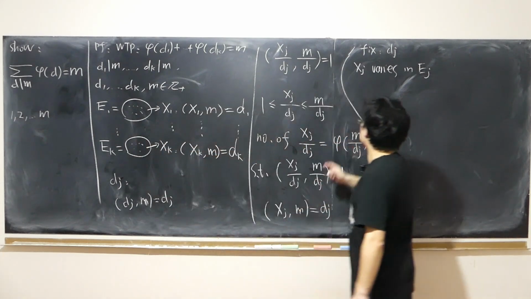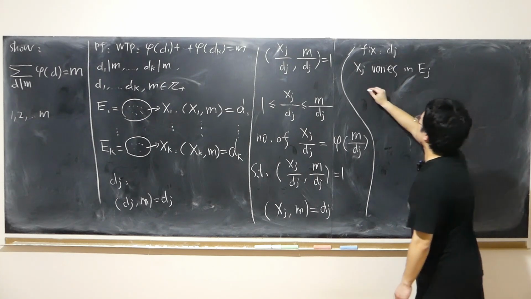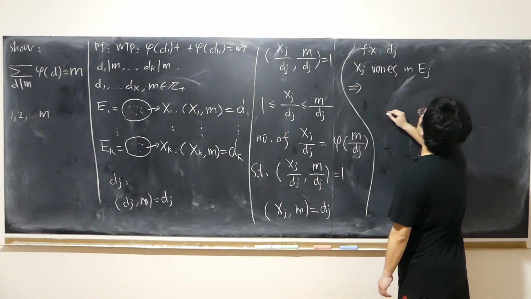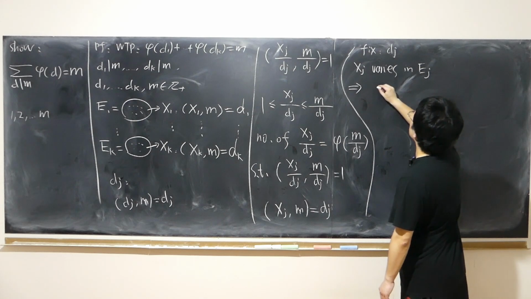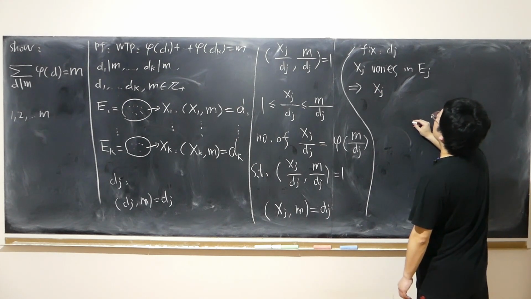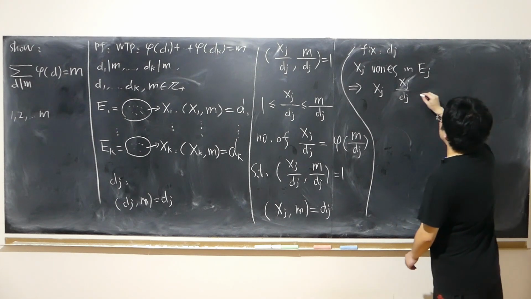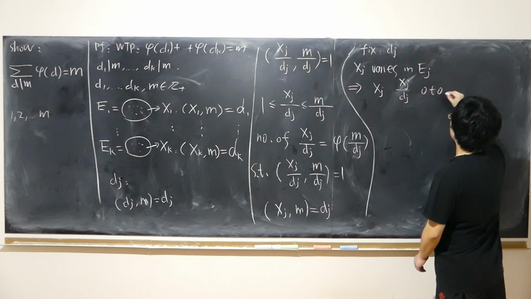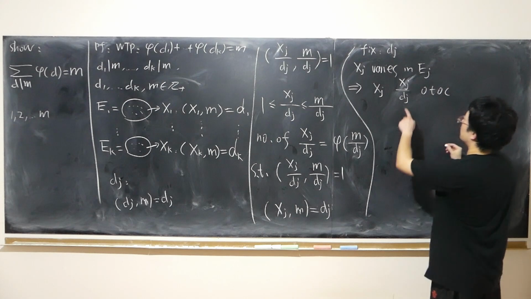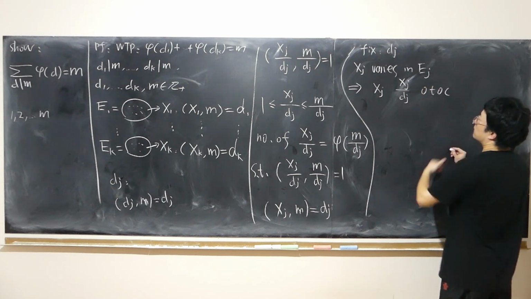So that's why xj varies inside Ej. Which means xj and xj over dj are one-to-one corresponding, because dj is fixed, xj varies. Those two integers are one-to-one correspondent.